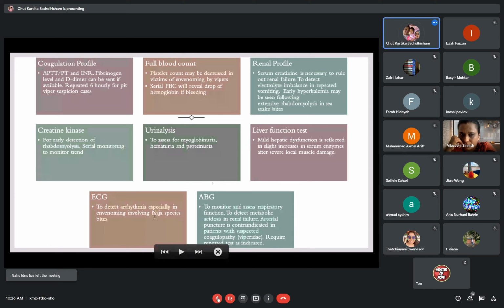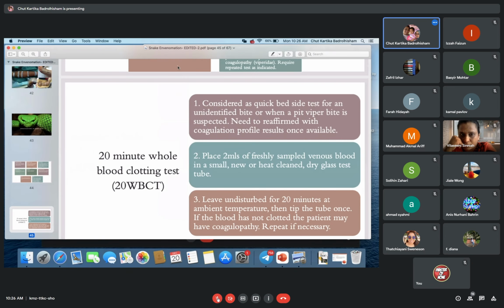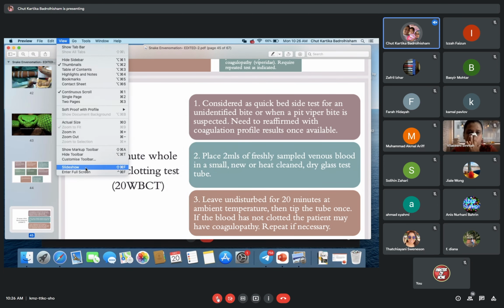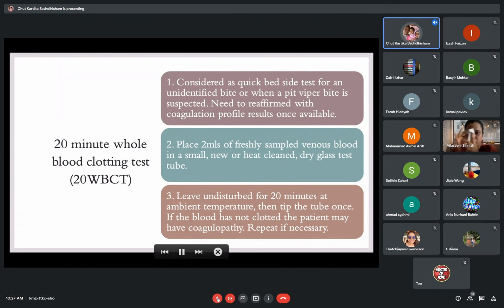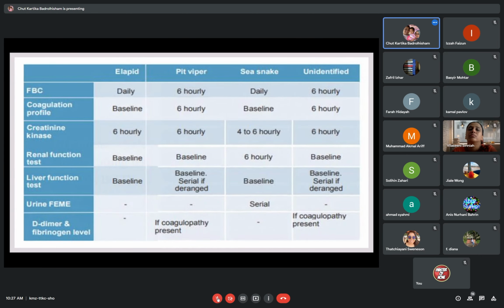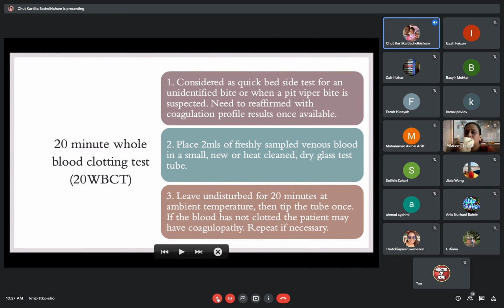So next, the 20-minute whole blood clotting test. Is it necessary for all patients of snake bites? Anyone? Okay.